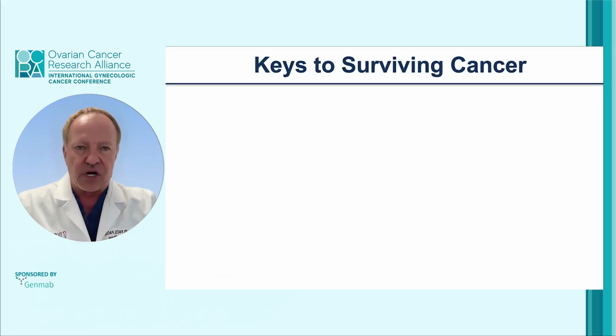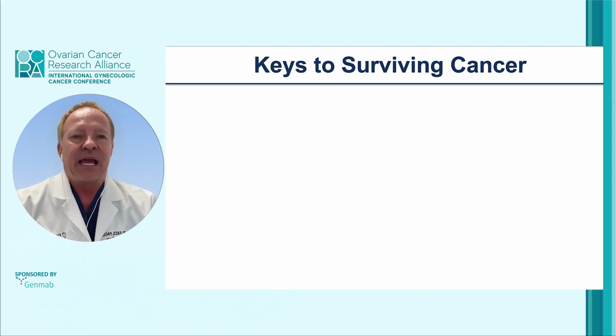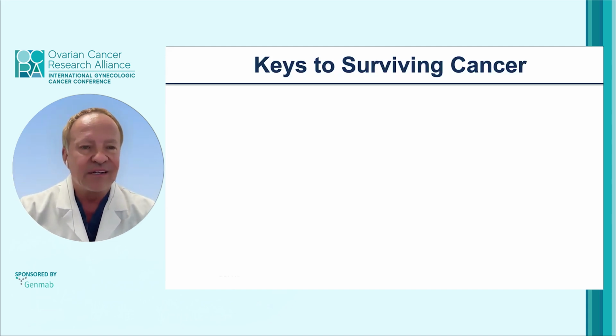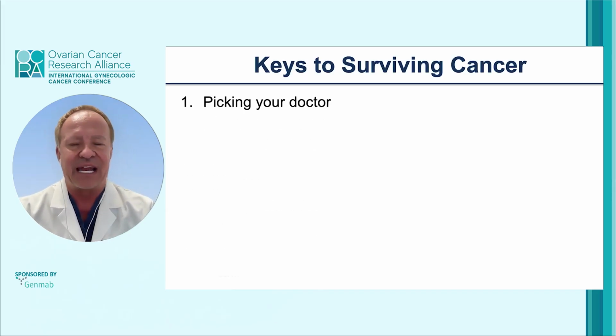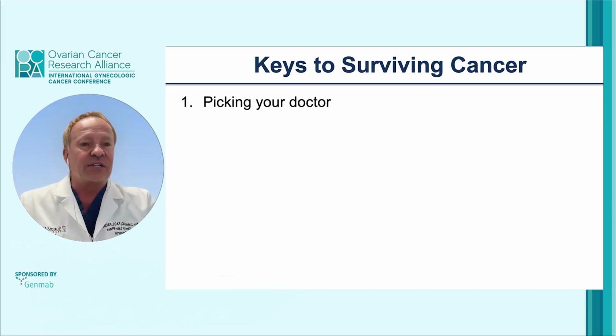Okay. So I'm going to start generally and broadly. How do people, we're in the people business, survive cancer? Because half of us at least are going to get it. And so how do you not die from it, even though you might get it? Picking your doctor.